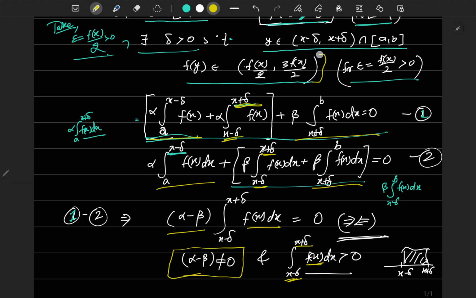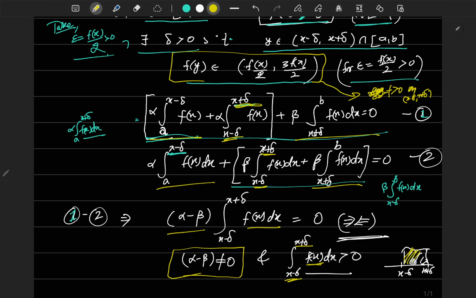This says f(t), maybe I should write, f is strictly positive on x minus delta to x plus delta. So this is how it should be shown.